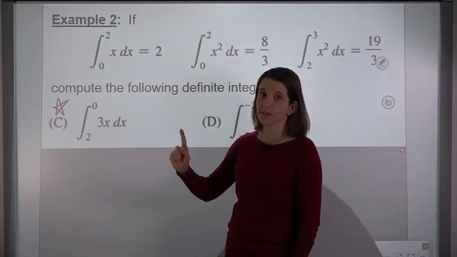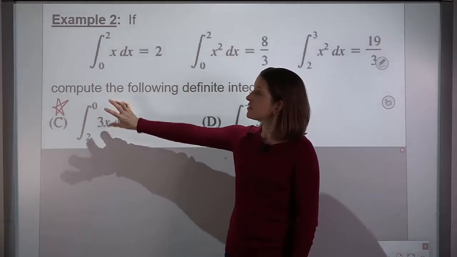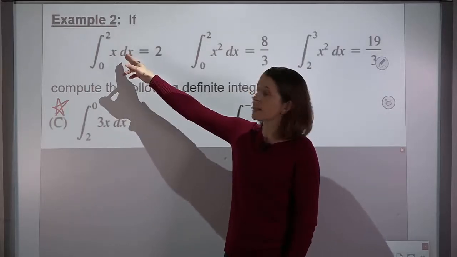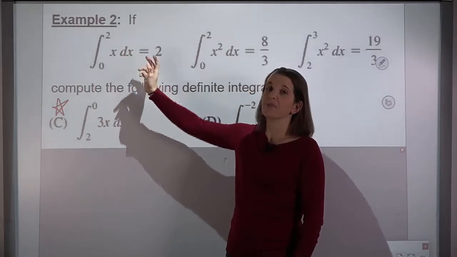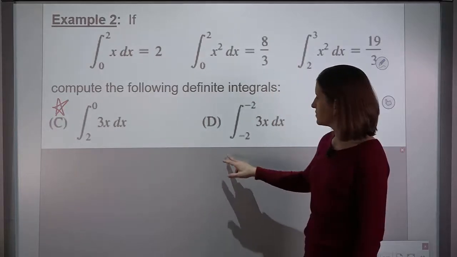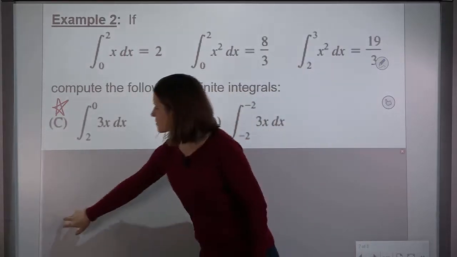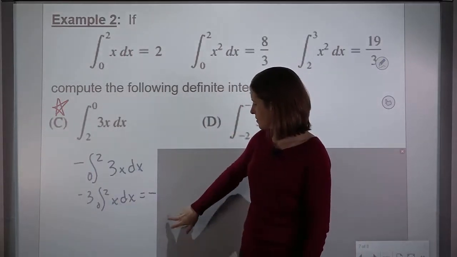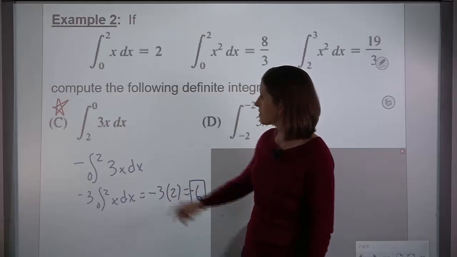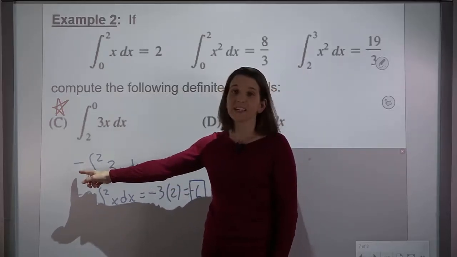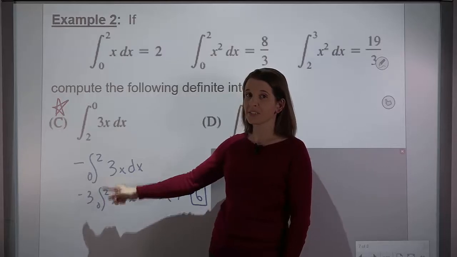So the very first thing I need to do is flip the order so that it is close to something I know about, and when I do that I get a negative out in front.